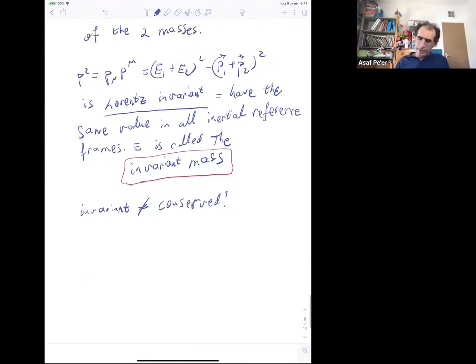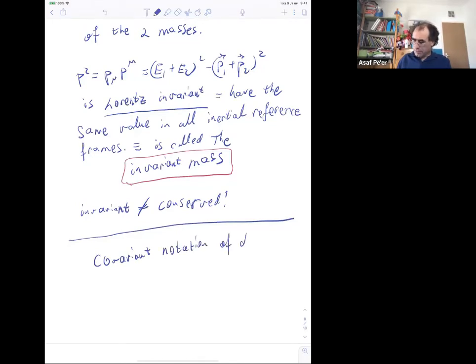Okay, last thing, which is really a notation, because I am going to use it, so you should be familiar with that. It is just called the covariant notation of derivatives. This is a notation that enables us, after you get used to it, of course, to quickly see the transformation law under Lorentz transformation.